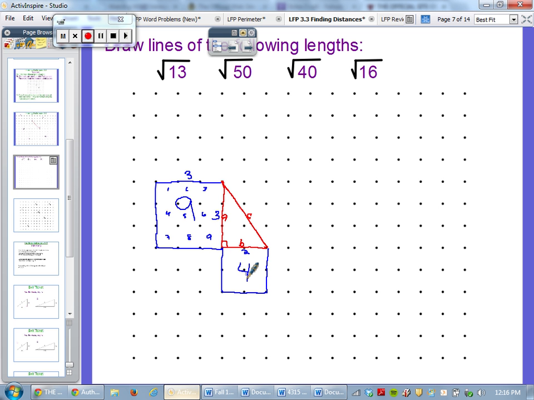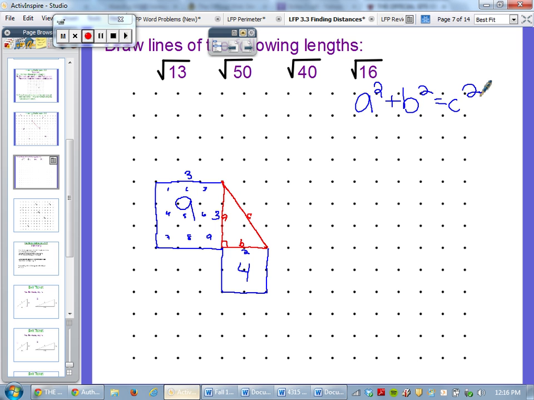Now here comes the tricky part. In our formula that we already know, or should already know, it's a squared plus b squared equals c squared. So that means a squared is the area of the square made from the side length, plus the area of the square made from the other side length, equals the area of the square made from the hypotenuse.